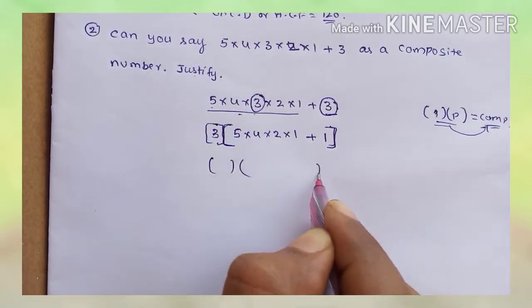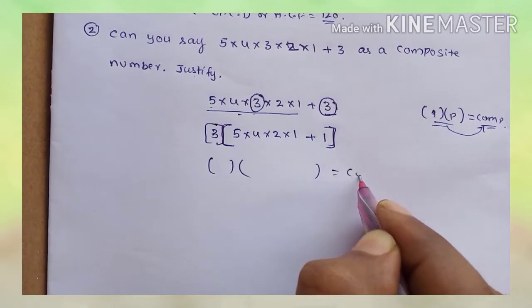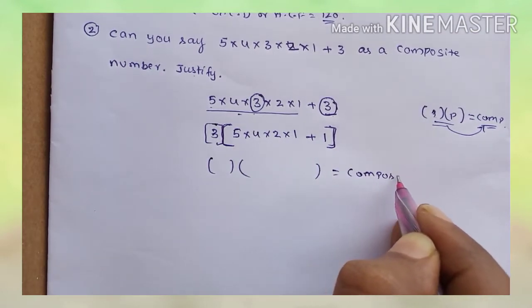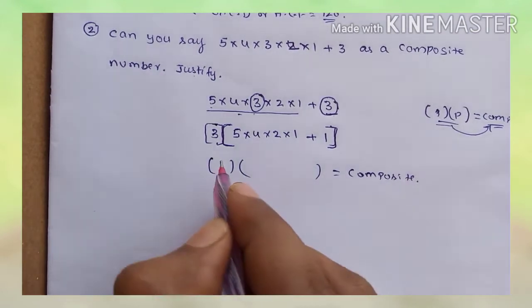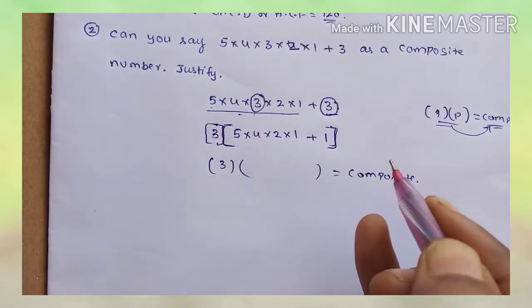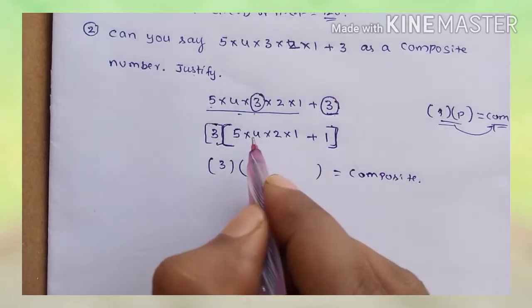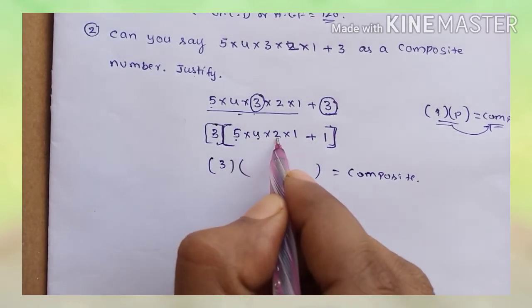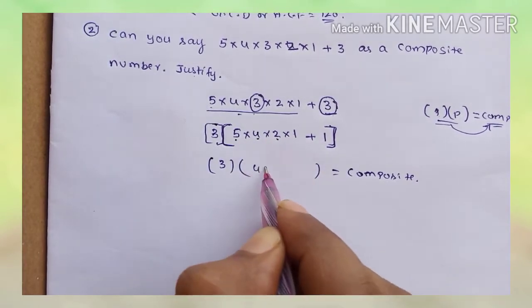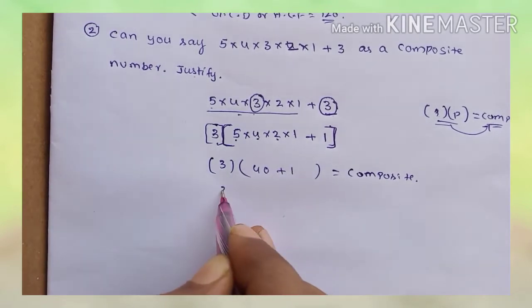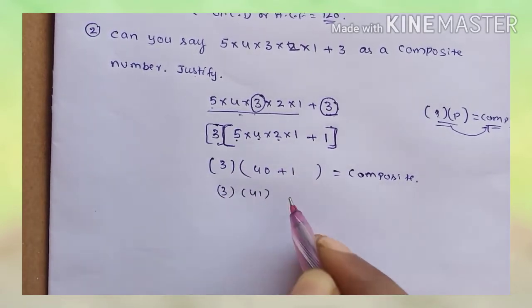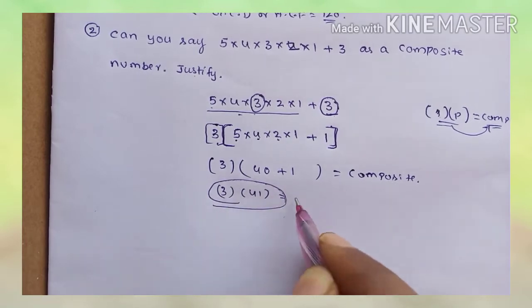Whatever may be in the bracket, the value is definitely what type of number? A composite number only. So 3 into, if you want to simplify you can, otherwise no need. 5 fours are 20, 20 twos are 40, 40 ones are 40, plus 1. So 3 into 41 is definitely what type of number?